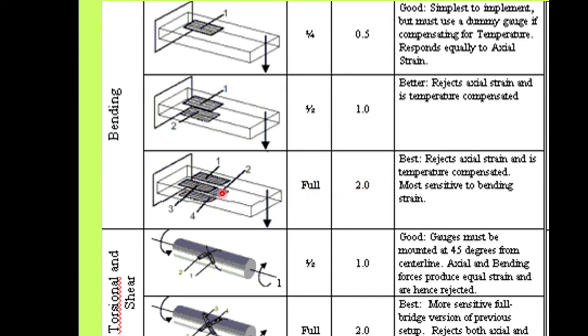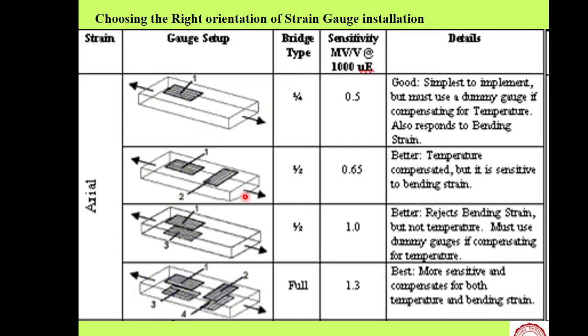But this is not possible if the loading is axial. You see, in axial we have 4 gauges, but if we align all the 4 gauges in the axial direction, we are not getting any benefit. Rather, it will worsen the situation. Everything will get cancelled.